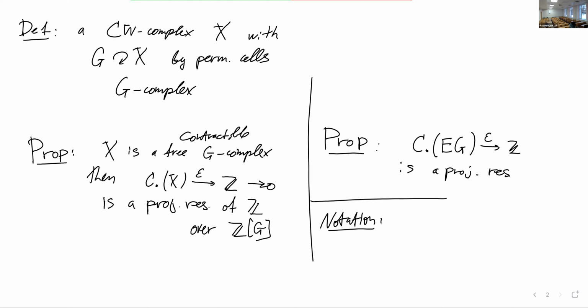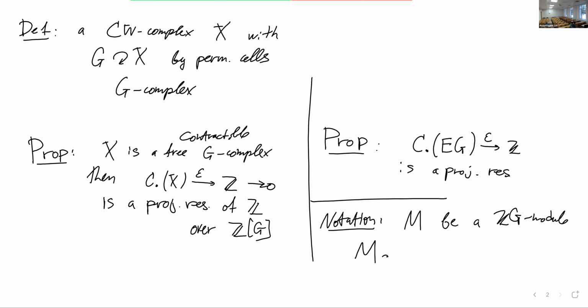So let M be a ZG module, which is the same as a G module.